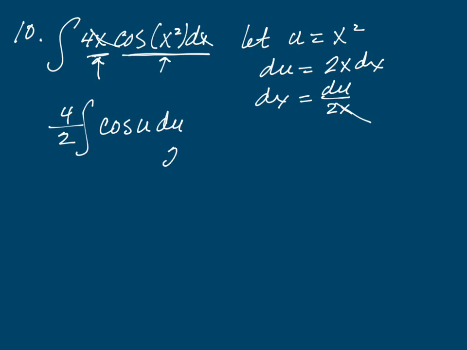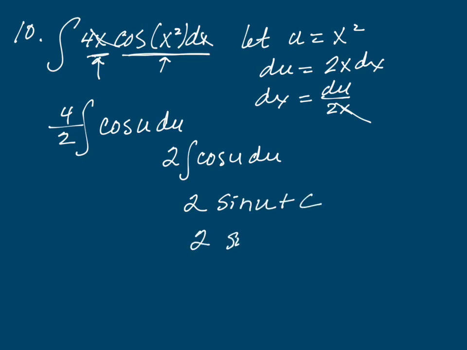So that would be 2 integral cosine u du, and the integral of cosine is just sine, so 2 sine u plus c, and substitute u back in, 2 sine x squared plus c. So that's the answer to number 10. I'll stop this video there.